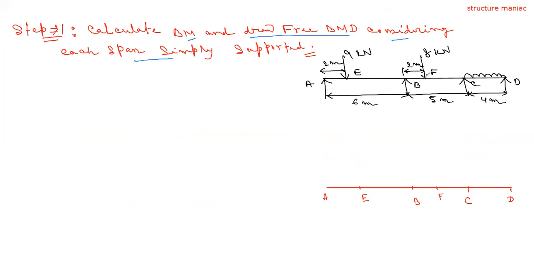So let us consider span AB. On span AB, we have a concentrated load at a distance 2 meter from A. Obviously, the maximum bending moment at E will be W A B by L, the standard result for a concentrated load on a span.